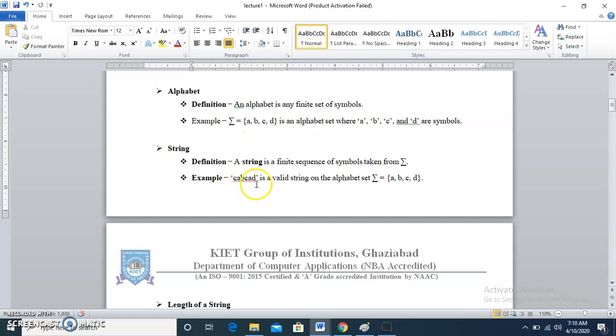Now, what's the length of this string? Just count the digits in this string. 1, 2, 3, 4, 5, 6. It's a collection of 6 alphabets. Clear? So we can say that the length of this string is 6.